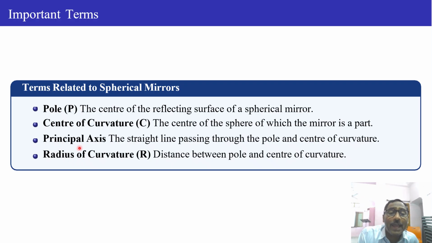Now, principal axis. What is the principal axis? The straight line passing through the pole and the center of curvature.